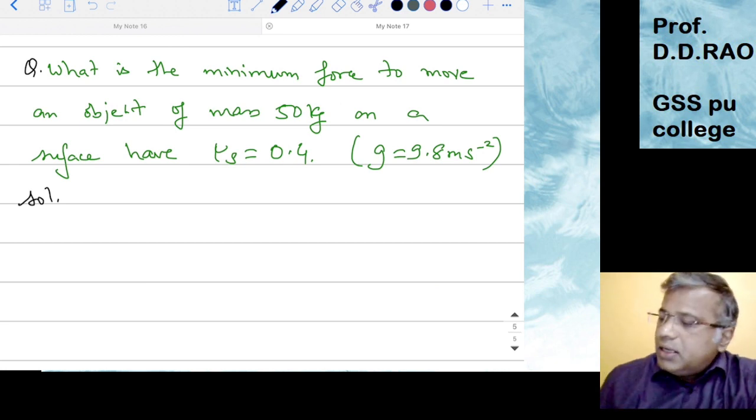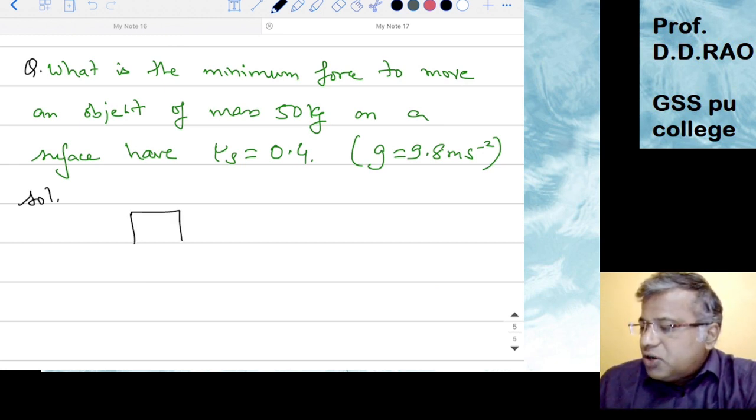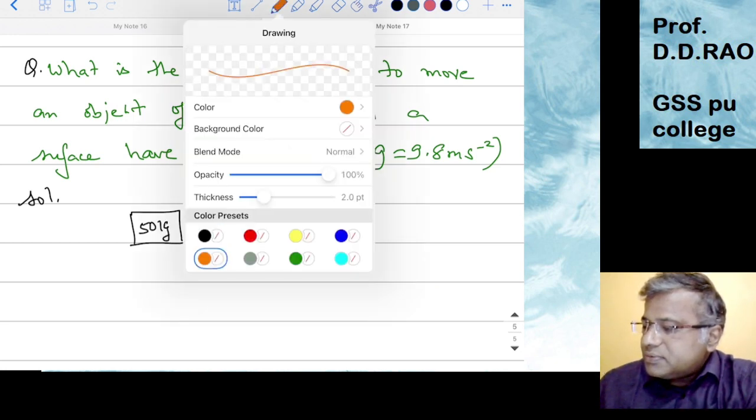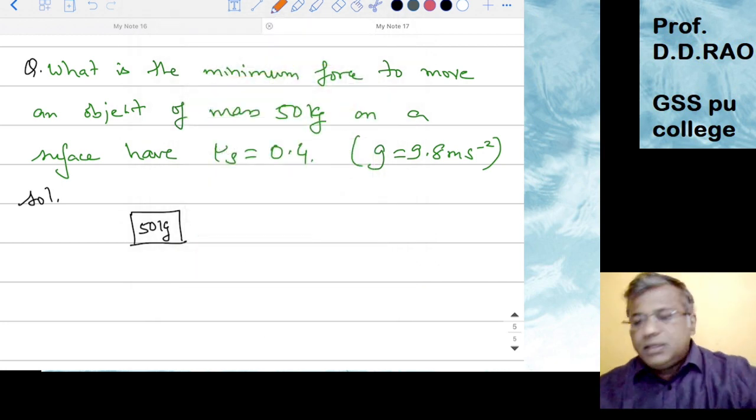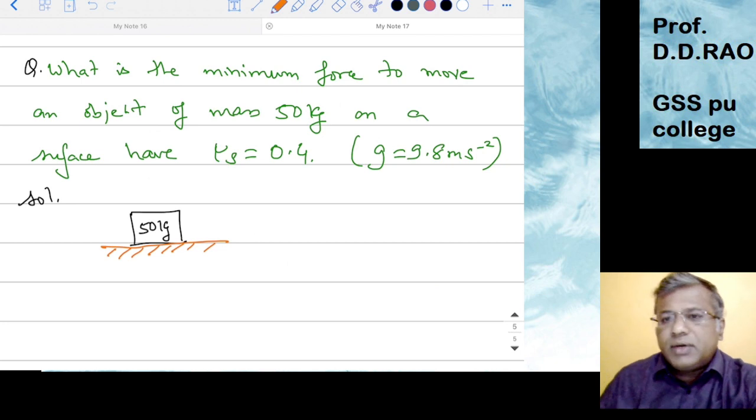Okay, so we are talking about a situation where you have kept a 50 kg object on a rough surface, and I'm trying to find the minimum force required to move it.